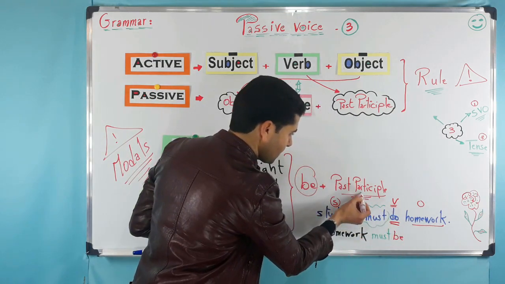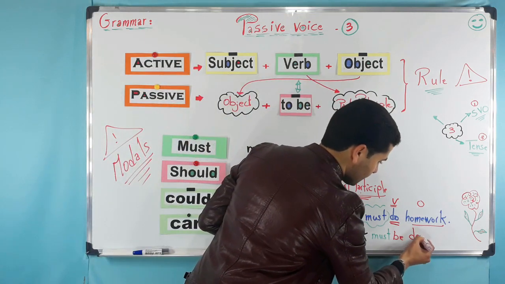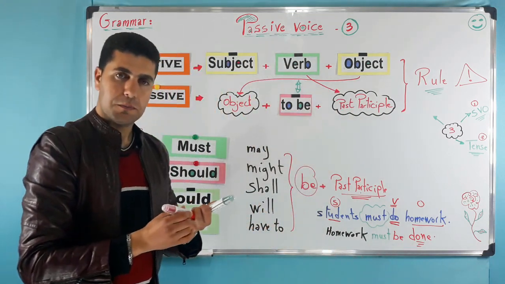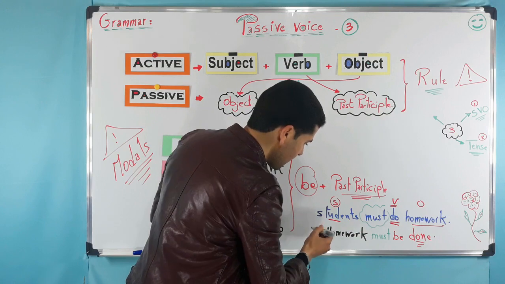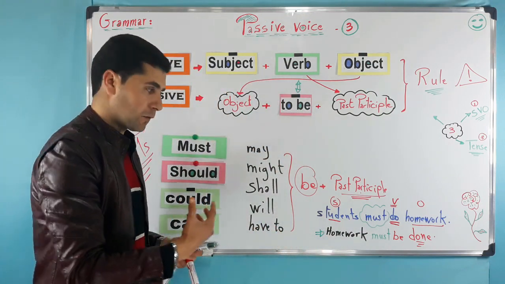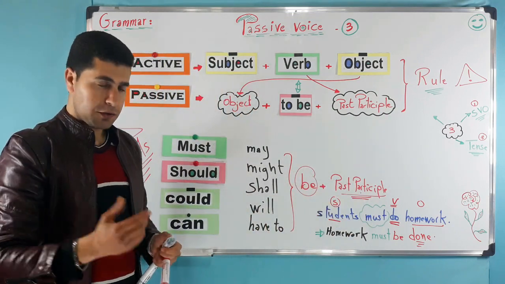The past participle of the verb do is done. So homework must be done. Now this is how we make the passive of an active sentence with a modal verb.